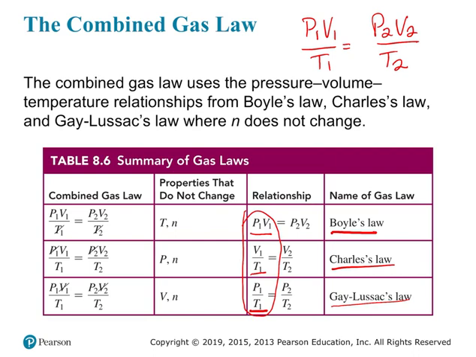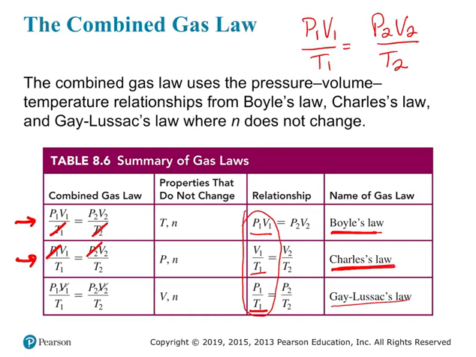Now, what's really great about the combined gas law is, let's say you're given a problem and you're only given pressure and volume. That means you can just ignore temperature, and that gives you Boyle's law. Or let's say you're only given volume and temperature, then you can just cancel out pressure because it's constant, or we can assume it's constant.